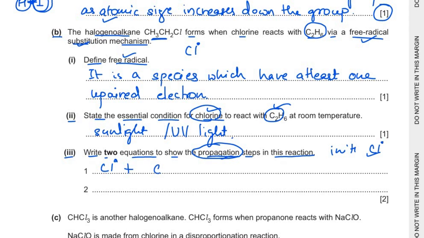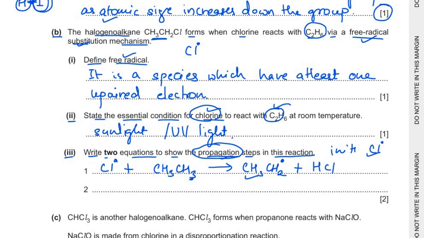So now ethane is CH3CH3, I'm writing. Now this chlorine radical is going to react with the ethane to form HCl as a byproduct, and so if HCl is formed, it's going to knock out one hydrogen from ethane. So what is left is the CH3CH2 free radical. Now this is the propagation reaction.